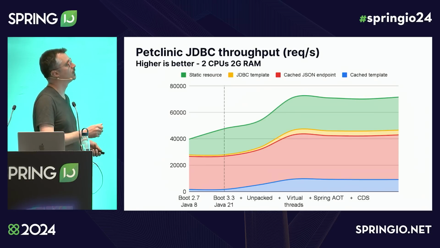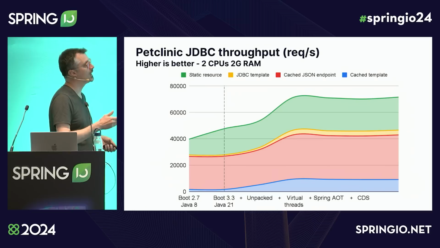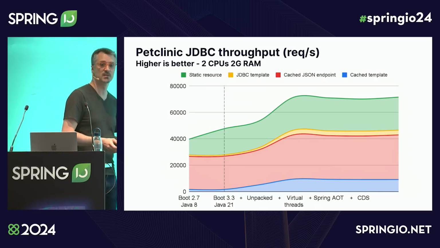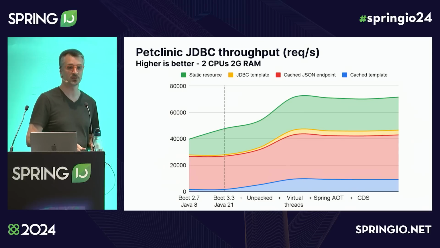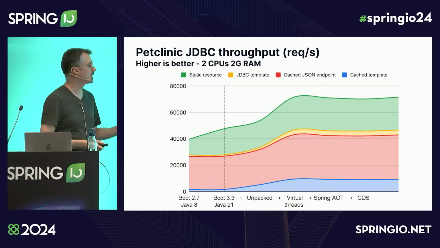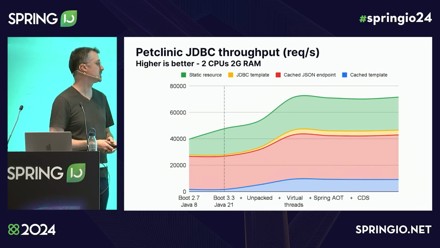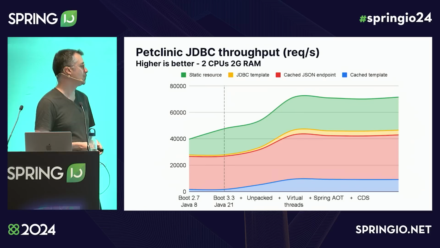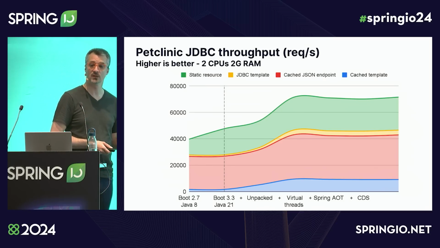We are measuring a cached JSON endpoint, so a REST controller with Jackson involved. And we are measuring a cached template, a Thymeleaf template that is using a repository annotated with the caching annotations. And we upgrade gradually with the various features. So you can see that, especially with virtual threads, we see a quite significant increase.